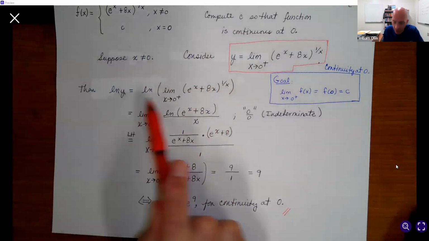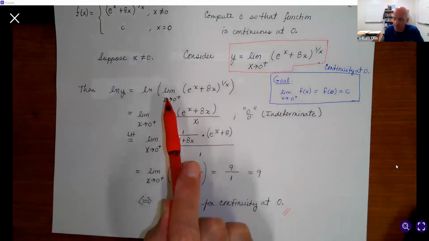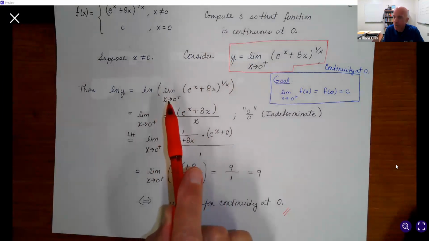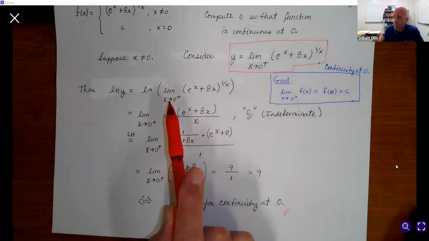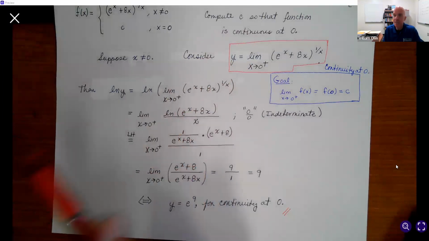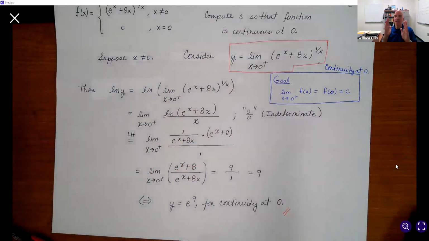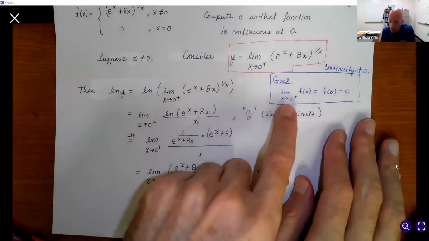And so now the log of y is this, but this is where I talked about continuity. That is, the logarithm is continuous for positive real numbers. So now that means that we can interchange the function and the limiting process. Again, continuity is very important here.